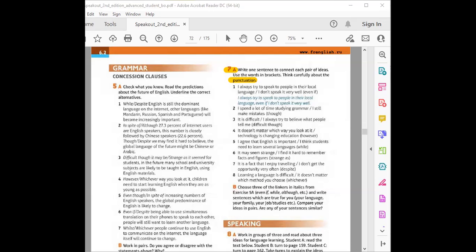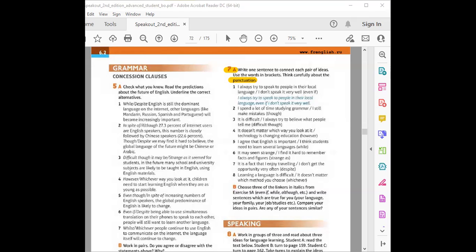I think, though I spend a lot of time studying grammar, I still make mistakes. You can put it in the middle as well: I spend a lot of time studying grammar, though I still make mistakes. That would be fine, but you can also say, though I make mistakes, I spend. It can work both ways.